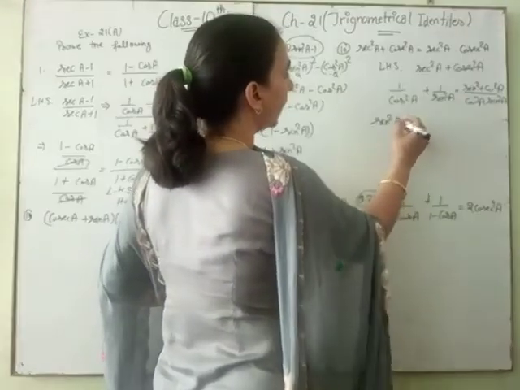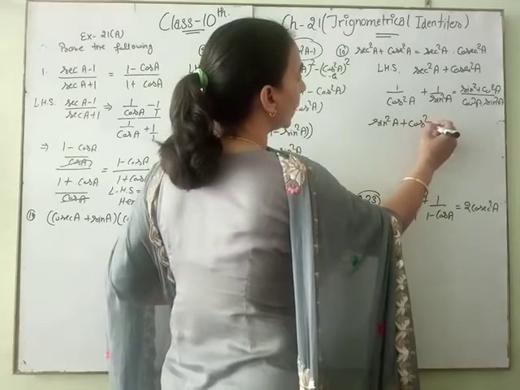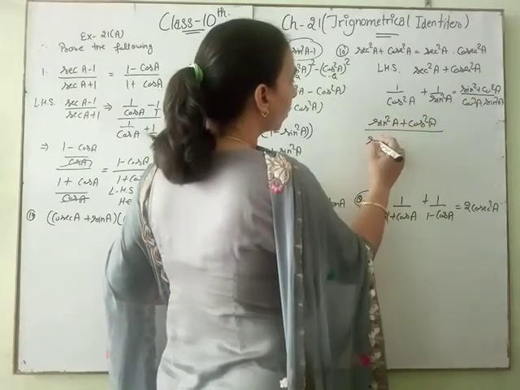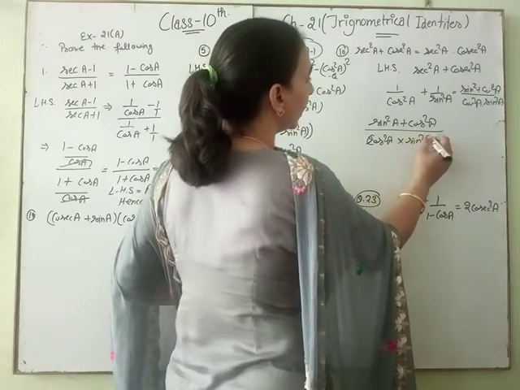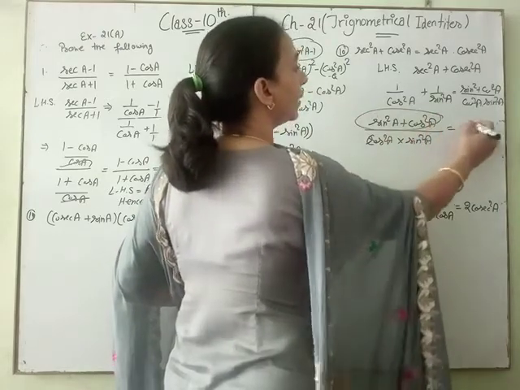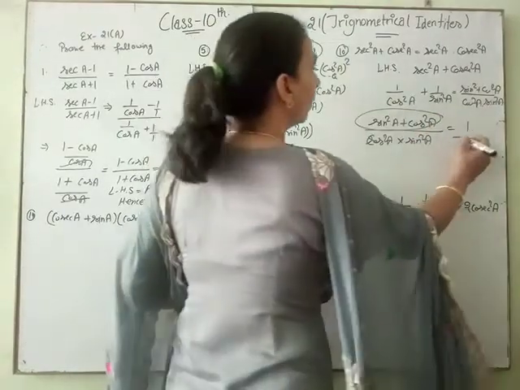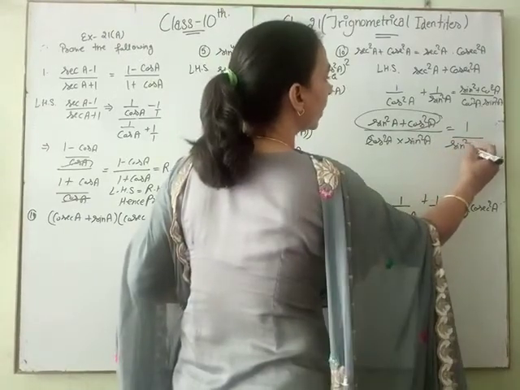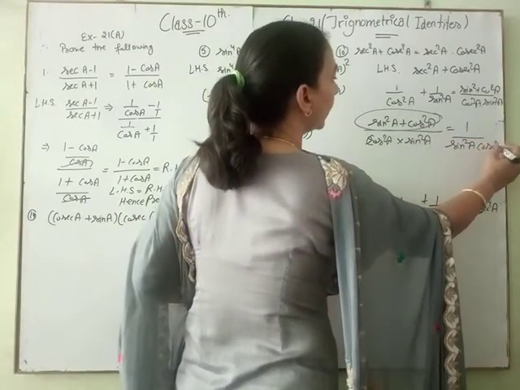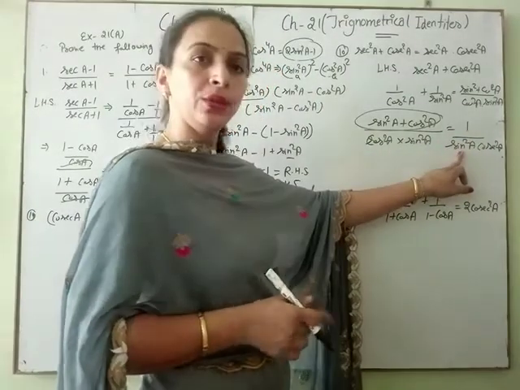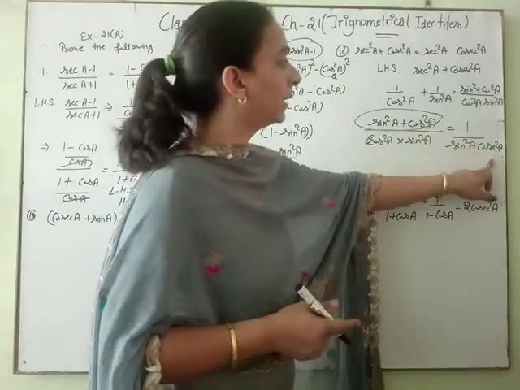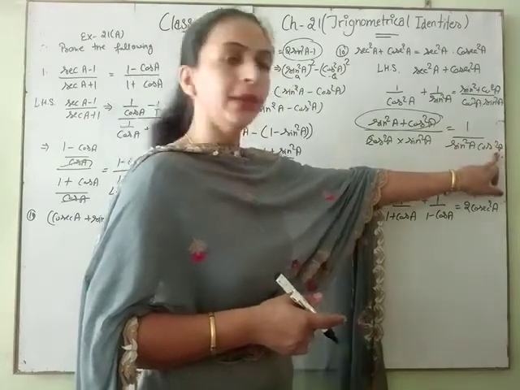Sine square A plus cos square A by cos square A into sine square A, and this equals 1. So 1 by sine square A and cos square A. 1 by sine square equals cosecant square, and 1 by cos square equals secant square.